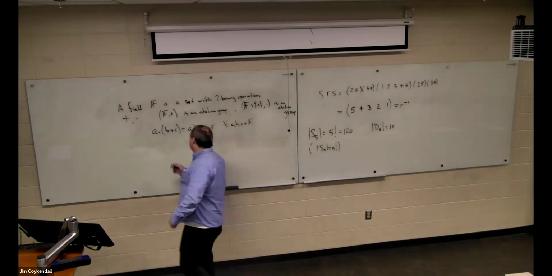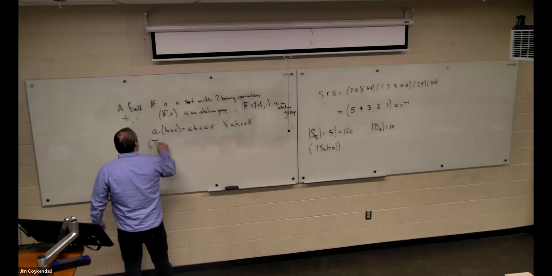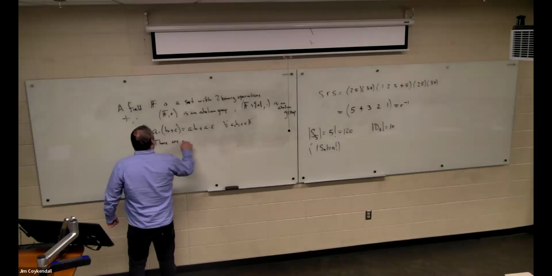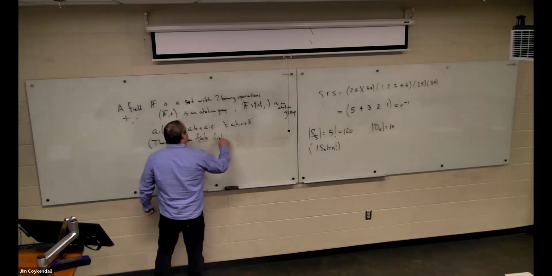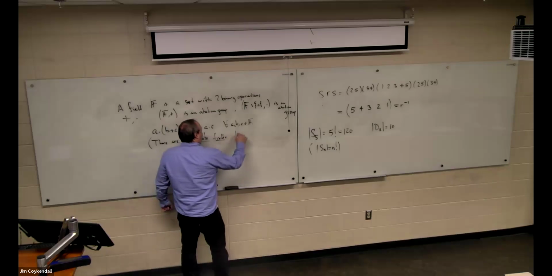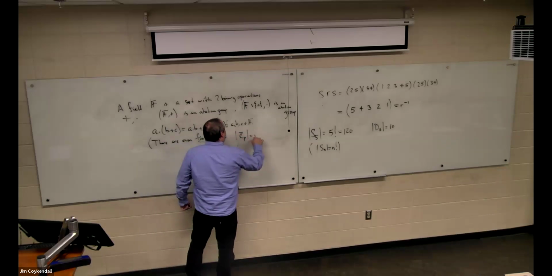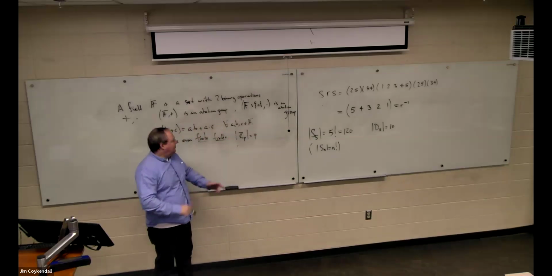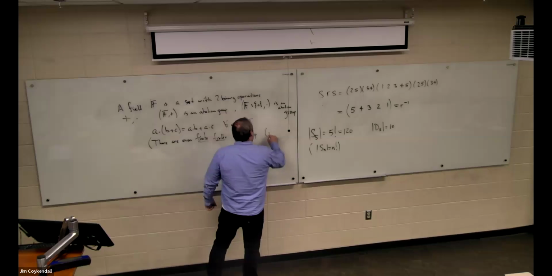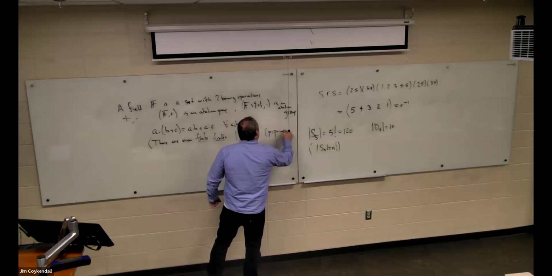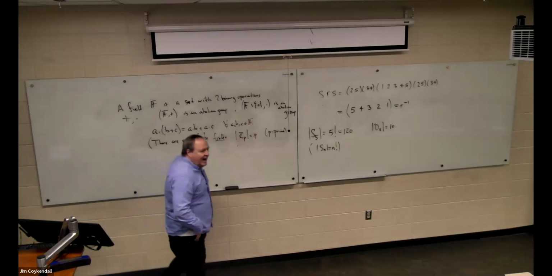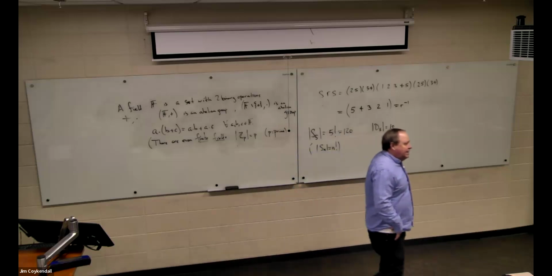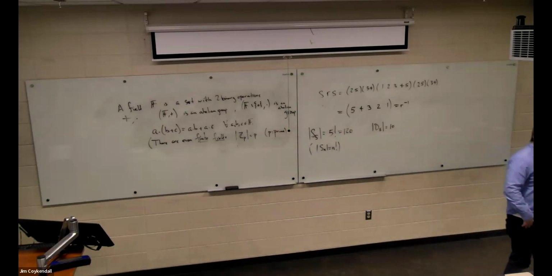It turns out there are even finite fields. Z mod P is a field for every prime number P. And in fact, for every prime number P and positive integer N, there is a finite field of that order.